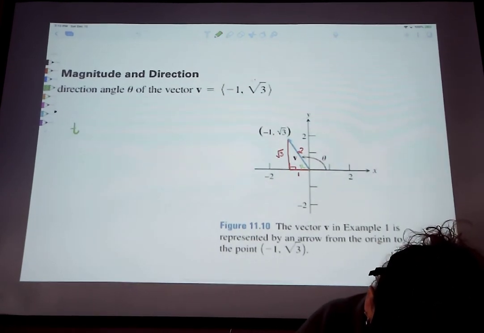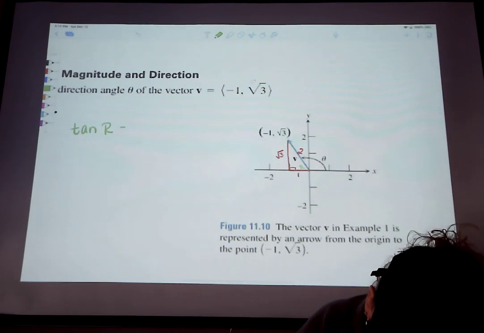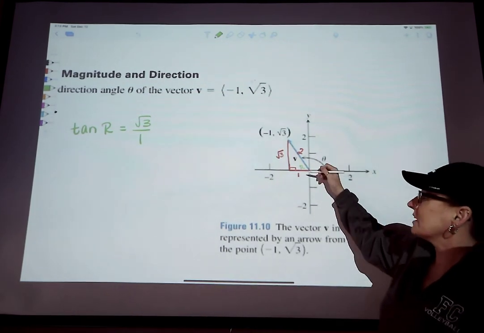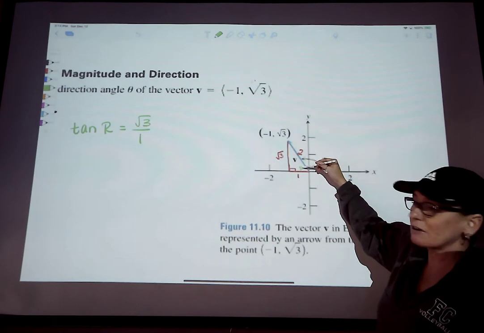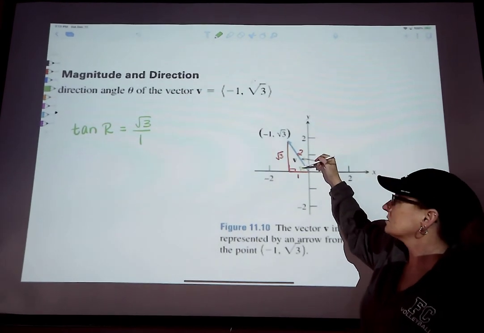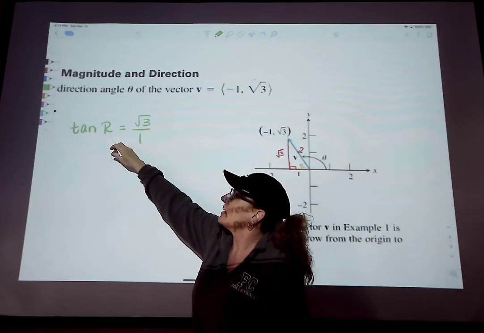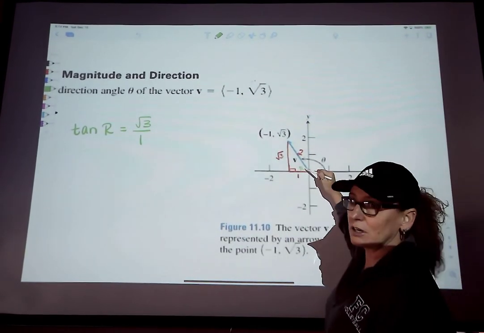So I'll go tangent of my reference angle is opposite over adjacent. And notice I didn't put negatives there because reference angles are always positive. So I'm not using the fact that that was negative. I'm trying to find this acute angle.